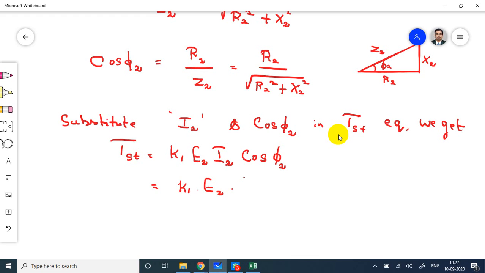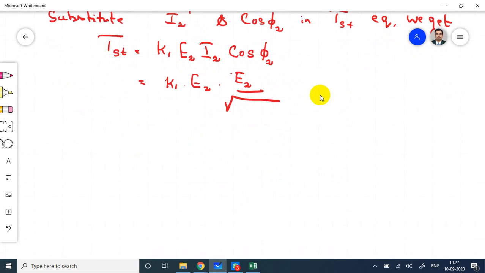I2 will be E2 divided by square root of R2 square plus X2 square, into cos phi 2, which is R2 by square root of R2 square plus X2 square.